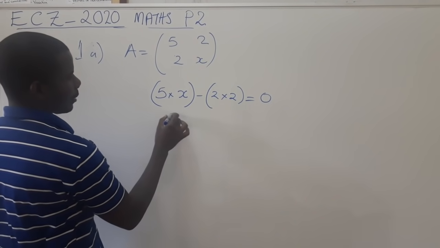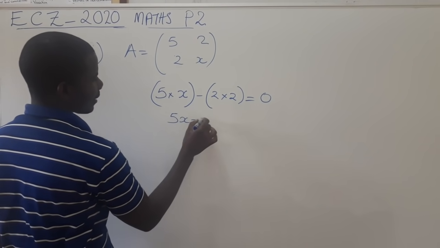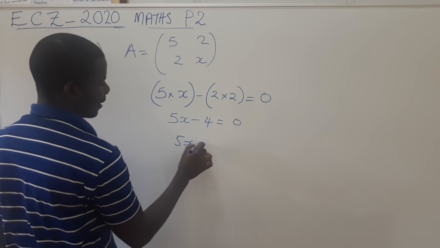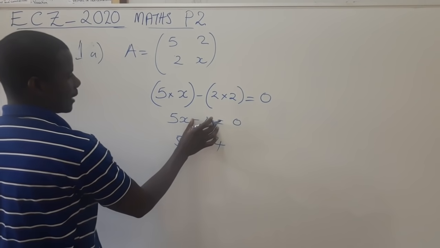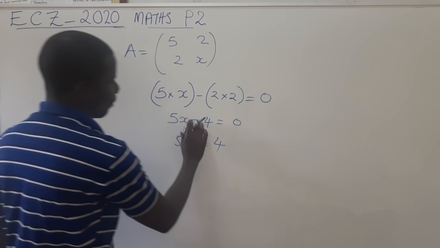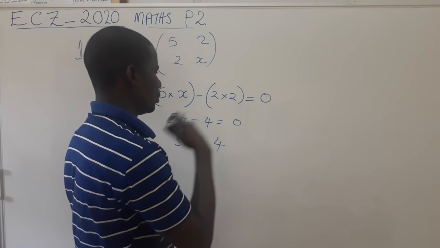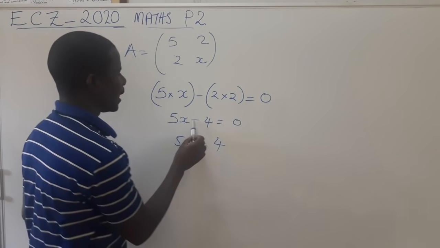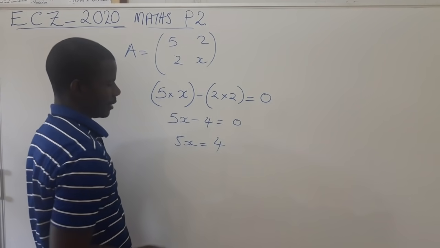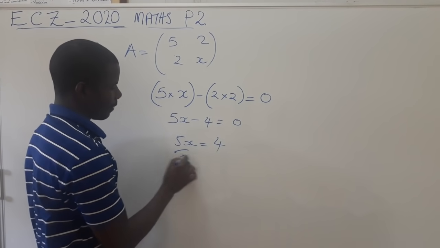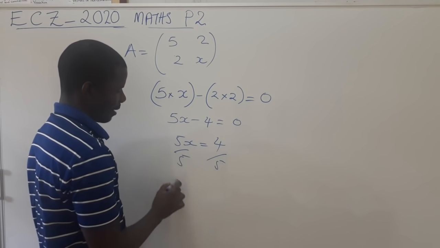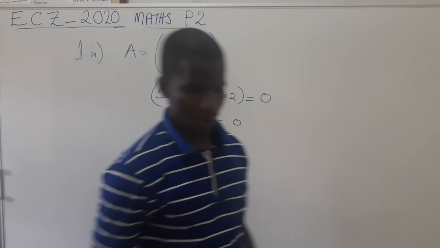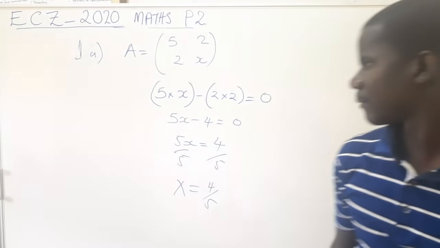So this gives us 5x minus 4 equals 0, and 5x equals 4, since the additive inverse of negative 4 is positive 4. Then to get the value of x, you divide both sides by 5. So x equals 4 over 5. This is what you are going to get as the value of x.